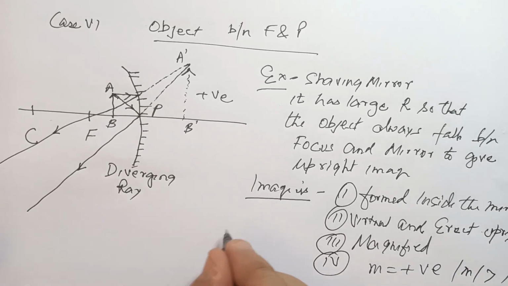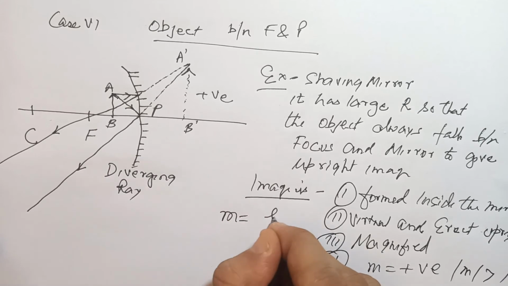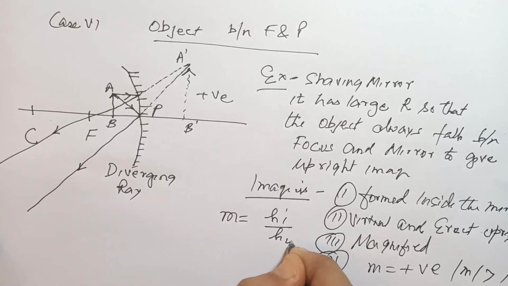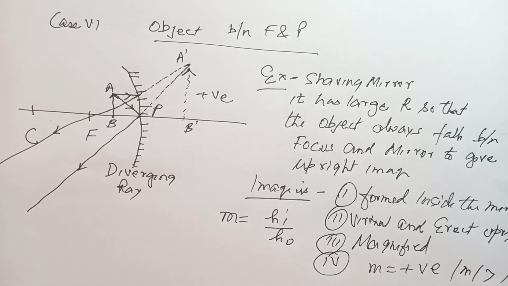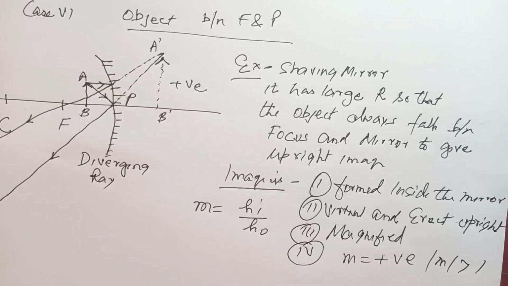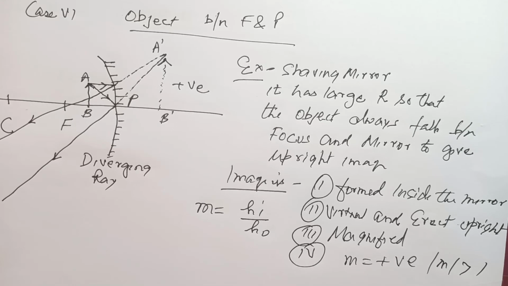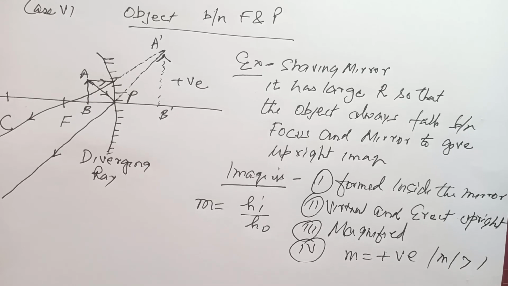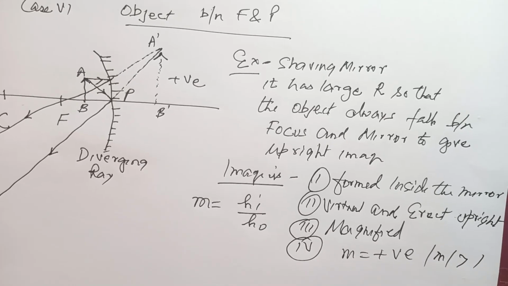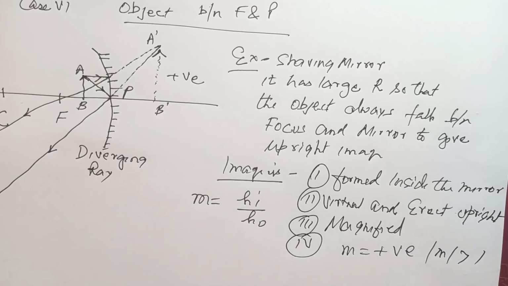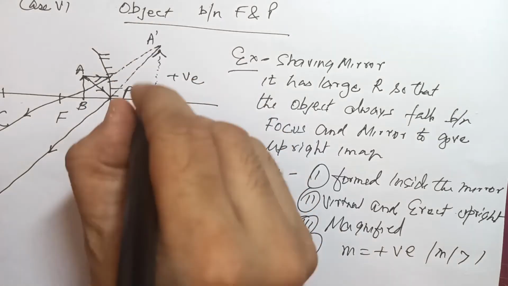As we know, m is equal to hi by ho. Here is the image. Here, rays appear to meet.